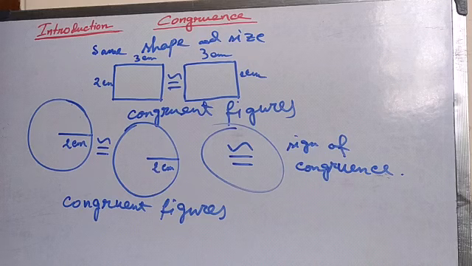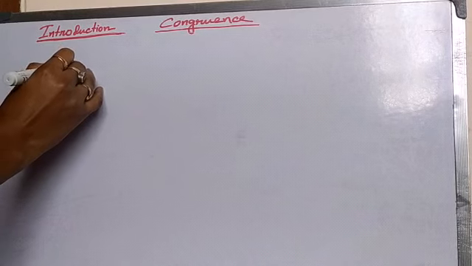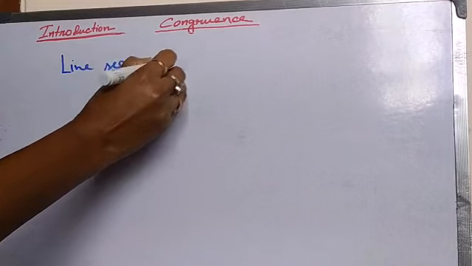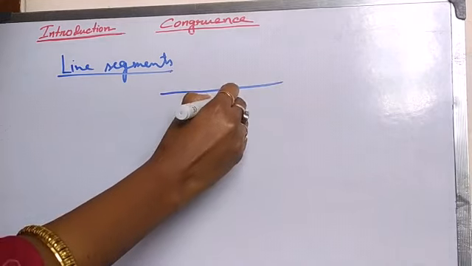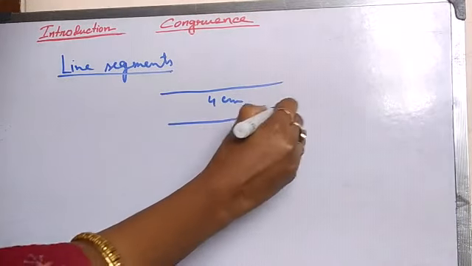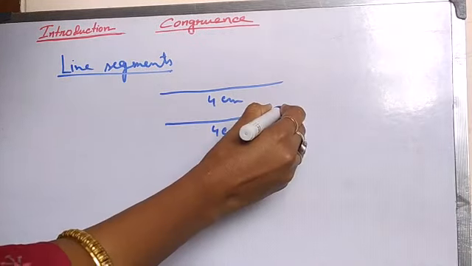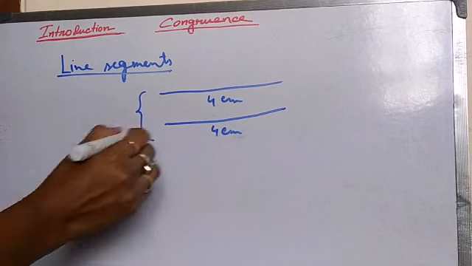Now we will discuss it by some diagrams. Now I am taking line segments. Suppose this is 4 centimeter and this is also 4 centimeter. So we can say that both these line segments are congruent.